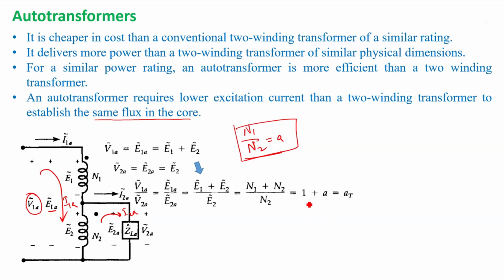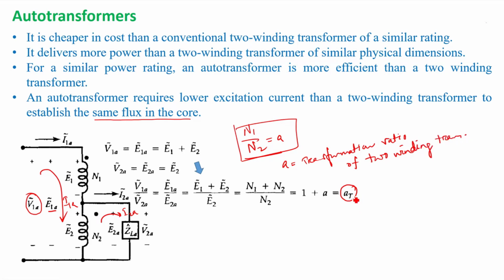Now it will become 1 plus A, that is equal to AT. AT is the transformation ratio of the auto transformer, and A is the transformation ratio of the two winding transformer.